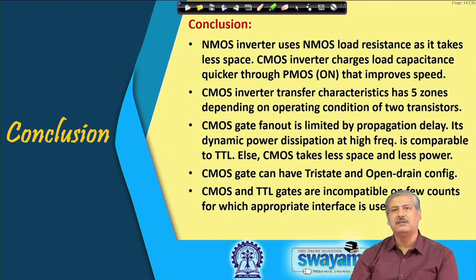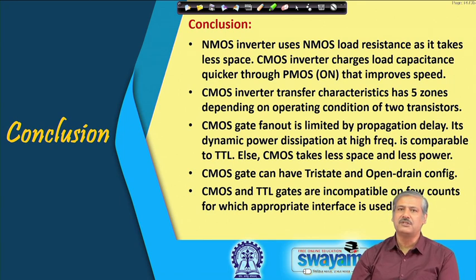And if you look at the transfer characteristics, there are 5 zones depending on the operating condition of the two transistors, whether they are conducting or not conducting. If conducting, whether they are in the linear region or saturation region.